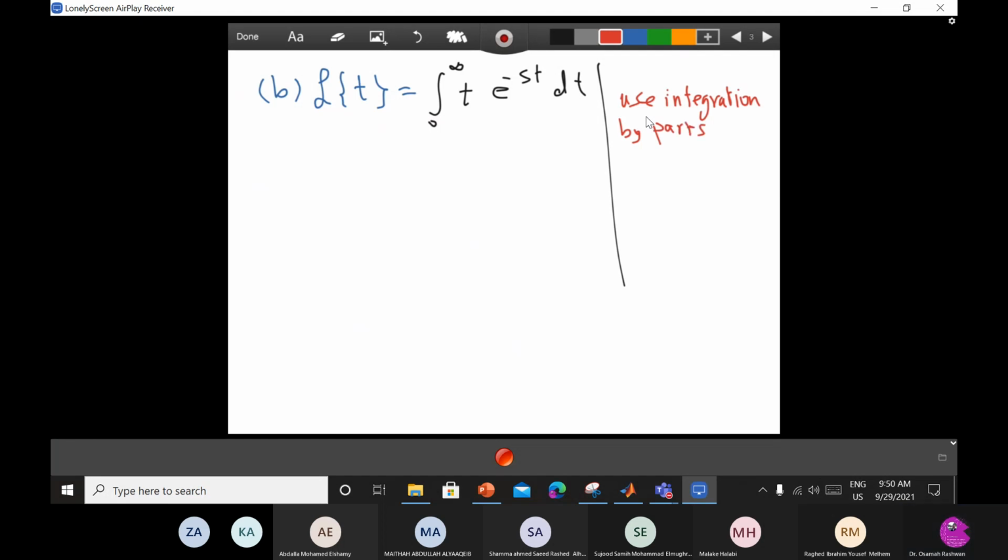Okay. What is the integration by parts formula? Yes, I remember. When I have u dv, u as a function of x and v is a function of x, I can take u and integrate dv to have uv minus the integral of v du. So in my case, which one will I take as u? T or e to the minus st?